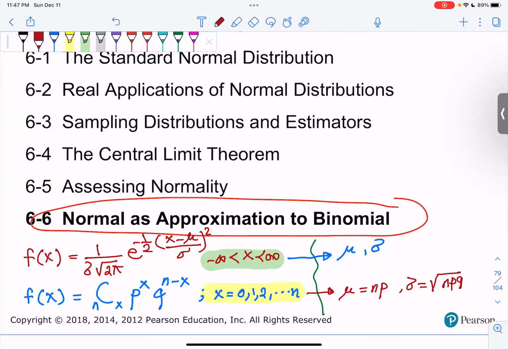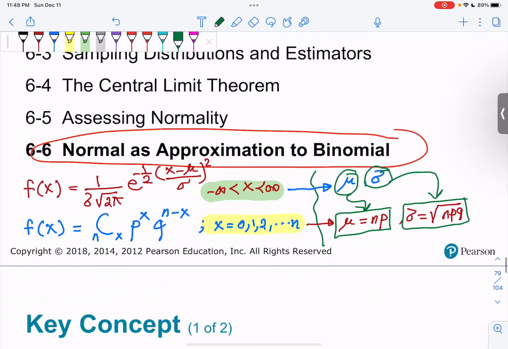So if we want to use normal distribution as approximation to binomial, then when we calculate mu and sigma, we will use the binomial distribution mean and the binomial standard deviation.